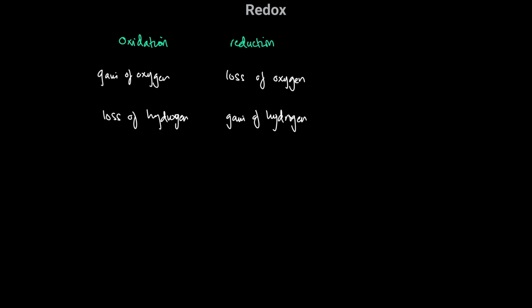The more precise ways of defining oxidation and reduction are the following. Oxidation is referred to as a loss of electrons. So whenever we have a loss of electrons, that is referred to as oxidation. And when you have a gain of electrons, it is referred to as reduction.